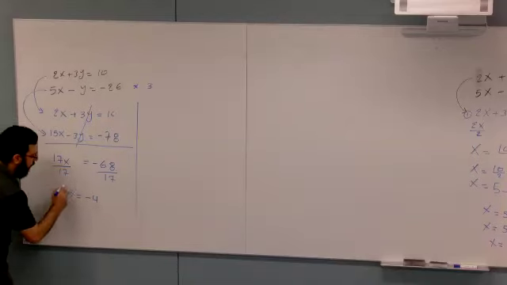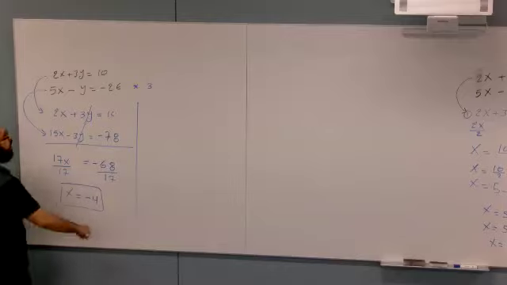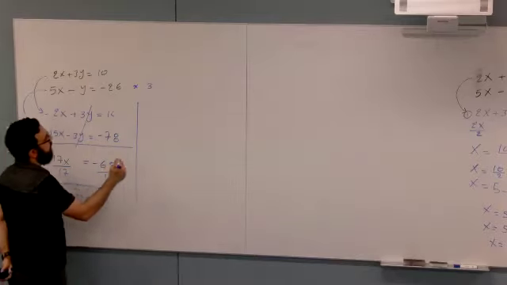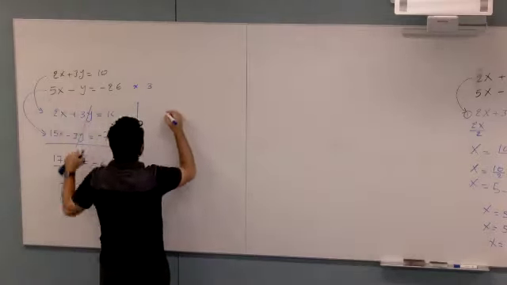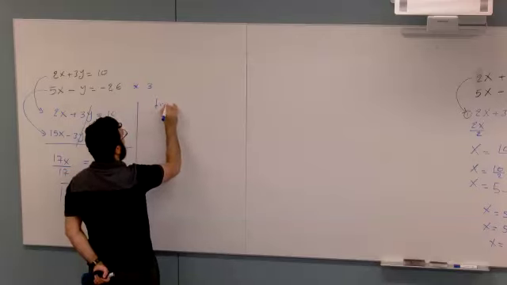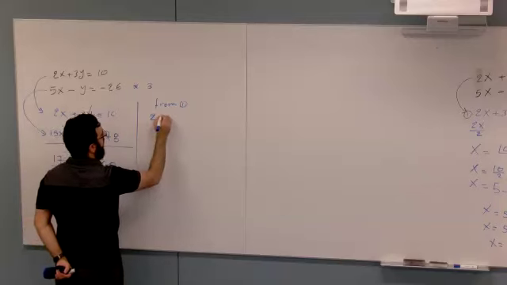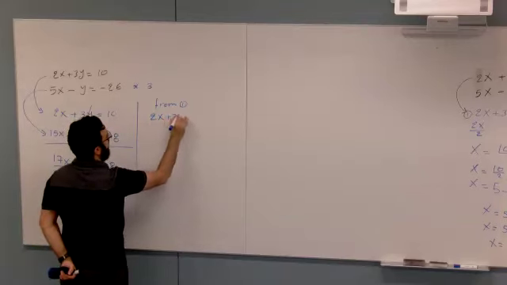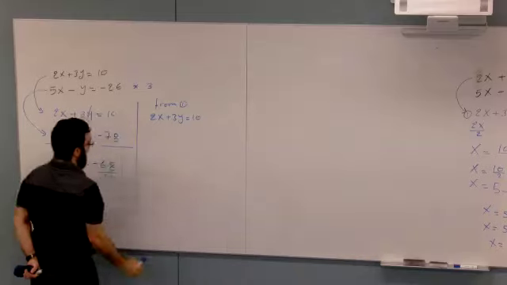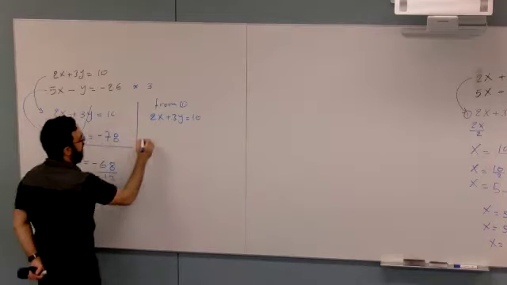Now, how am I going to get the value of y? You're going to go back and plug in here or here. It's up to you. Let's plug in on the first one. 2x plus 3y equals 10. I get the value of x is negative 4.